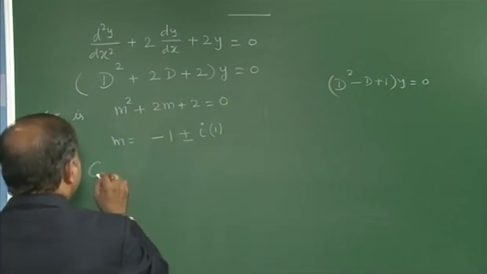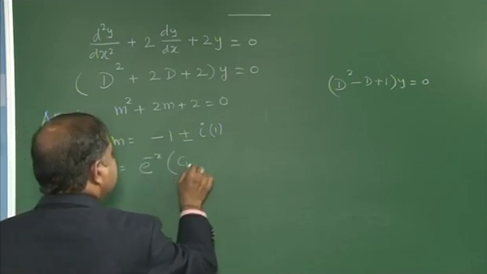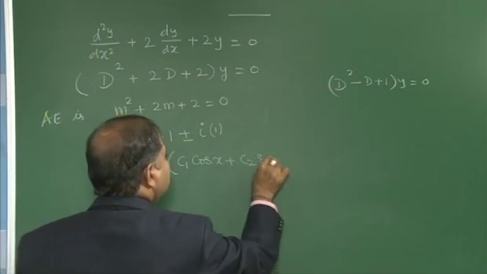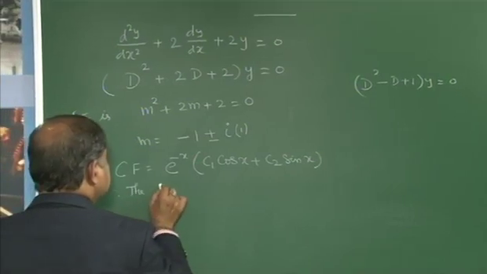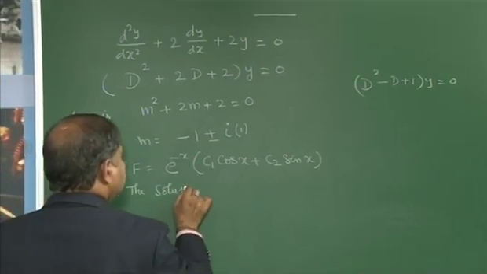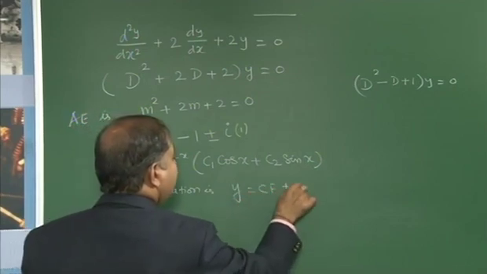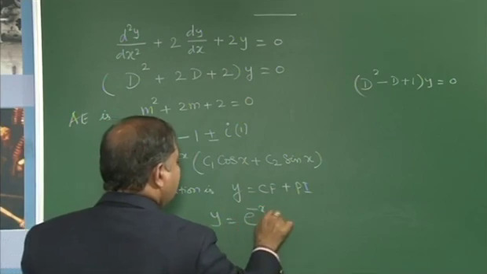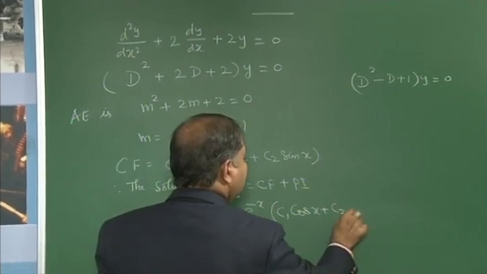So what is your CF? e power minus x, c1 cos x plus c2 sin x. Therefore, the solution is y is equal to CF plus PI. Here no PI, again only the complementary function is going to be your solution.